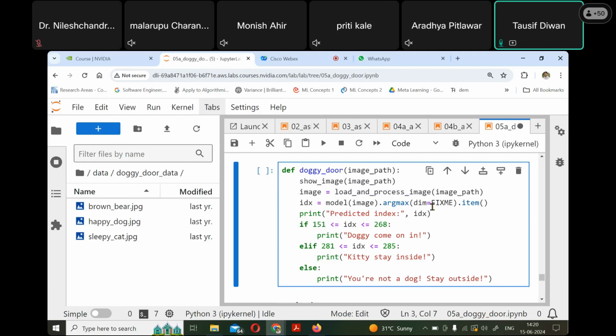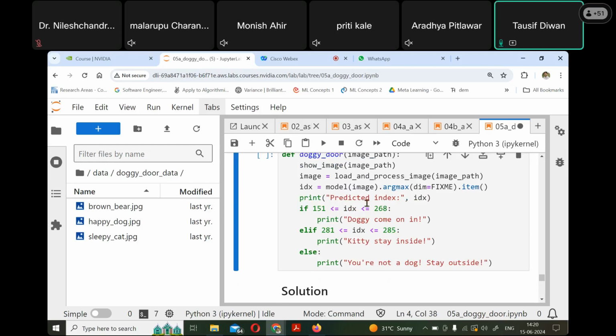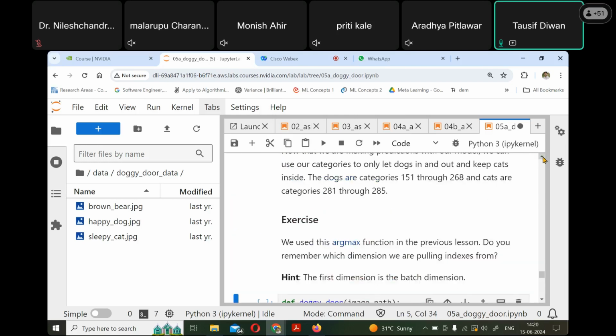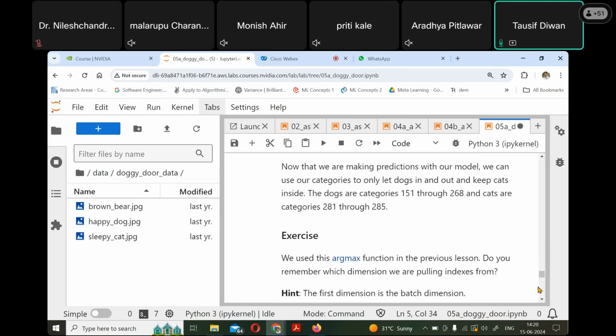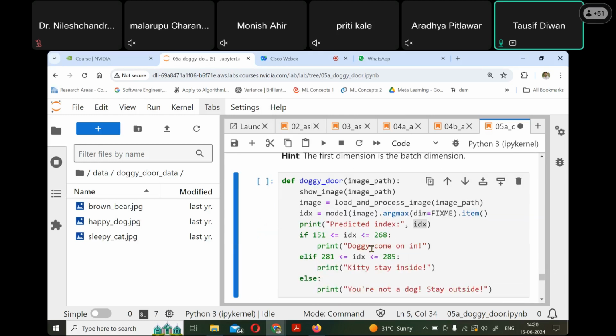Now we will extract the maximum one. Here dimension is equal to fix me. We need to look into what should be there in place of fix me. Then we will see the predicted index. If the predicted index is in the range from 151 to 268, then it is considered as dogs.